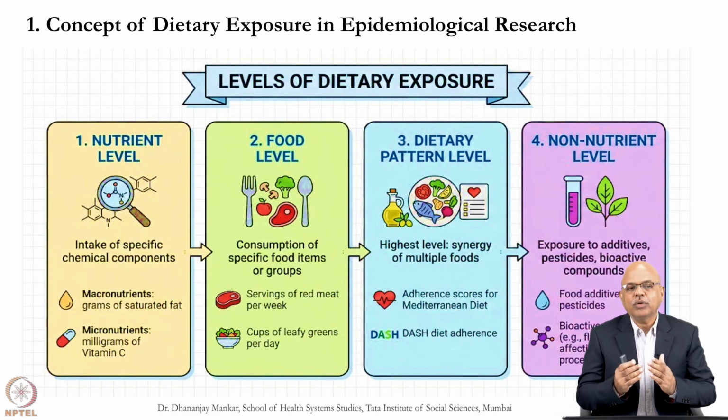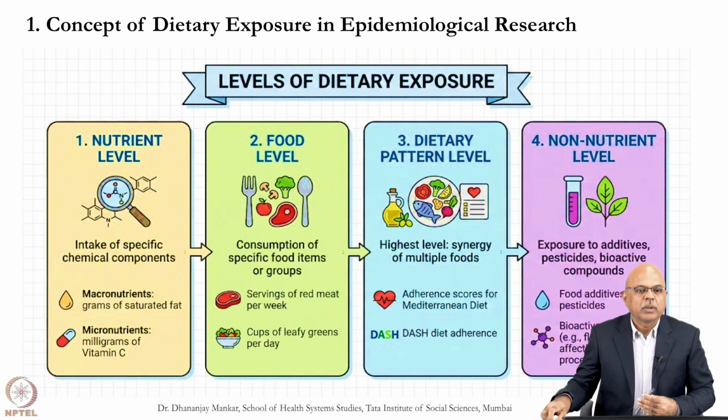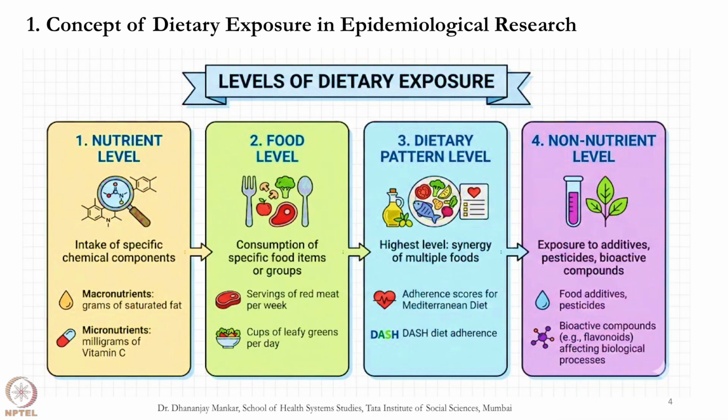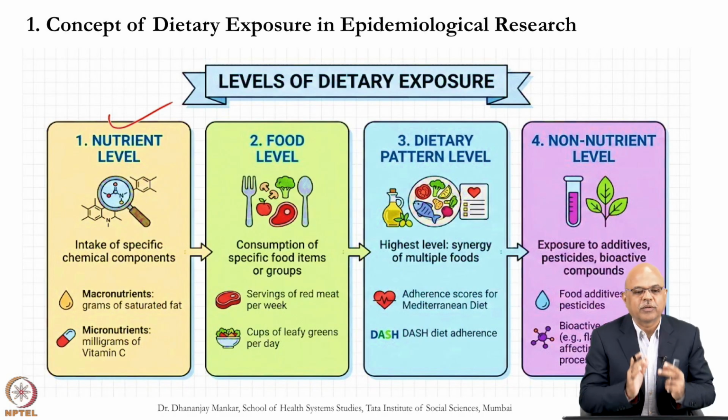In continuation with the concept of dietary exposure in epidemiological research, we can see the levels of dietary exposure. At the nutrient level, we find the intake of specific chemical components, that is, macronutrients and micronutrients.